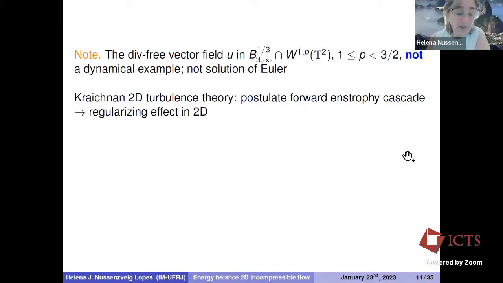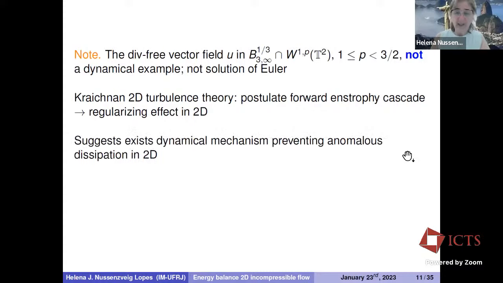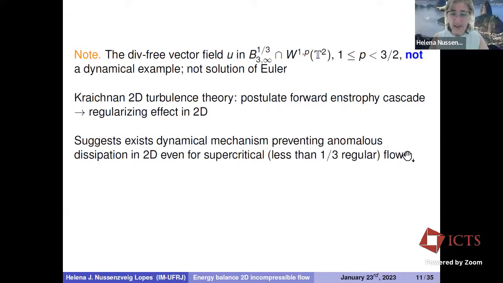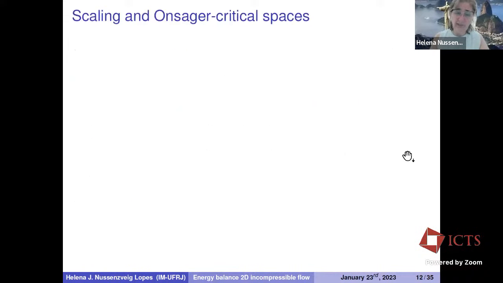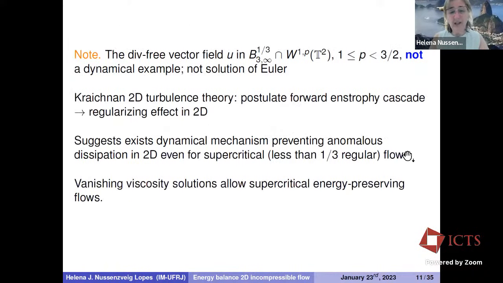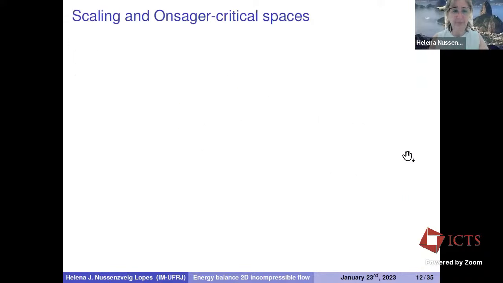And that corresponds to some kind of regularizing effect in 2D. So Kraichnan's 2D turbulence theory suggests that there may exist a dynamical mechanism which prevents anomalous dissipation in 2 dimensions, even for supercritical flows. And then we will look at vanishing viscosity solutions, which allow supercritical energy preserving flows.